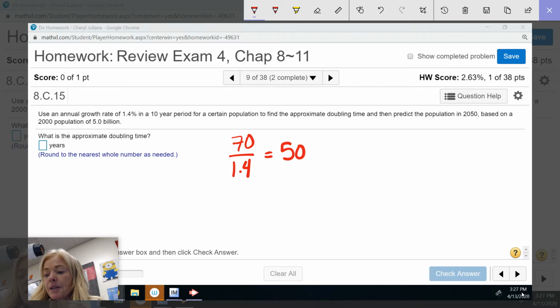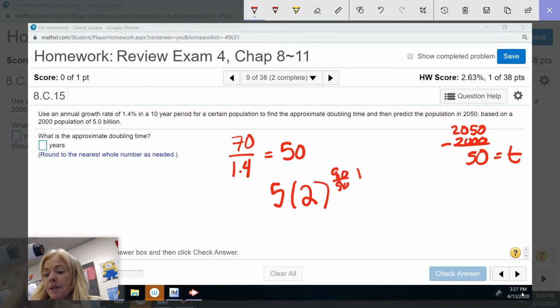And then we're predicting the population in 2050. So we take 2050 and subtract 2000 to come up with our little t, which is 50. So our little t is 50, doubling time is 50. And if we have a population of 5 billion, we're going to multiply that by 2 to the little t over doubling time, which is 50 over 50, which is just 1.